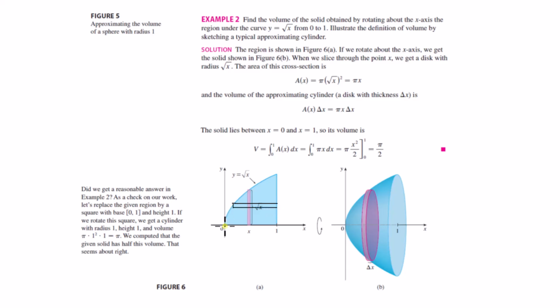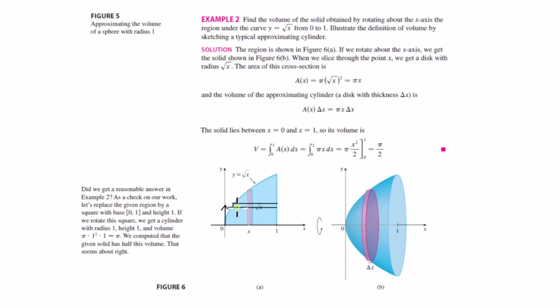So, you have y, that's the radius, the average radius is just whatever y you're at. Then delta y is the thickness, and then this x value minus this x value, which you have to solve for, x is equal to y squared, and that's the height.